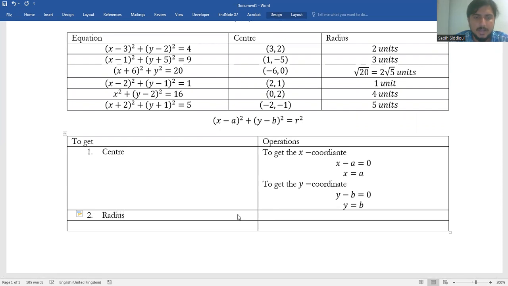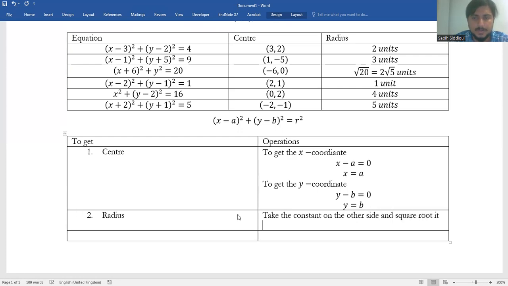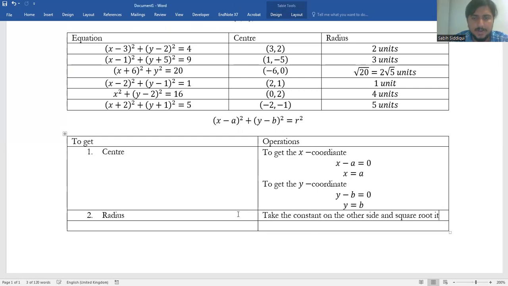And to get the radius, what do we do? After we have the completed square form, we take the constant on the other side and square root it. So if we have r square, we simply take the square root of it and we get our r.